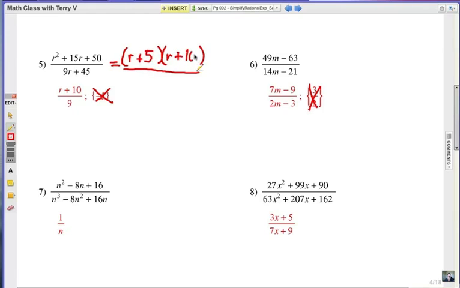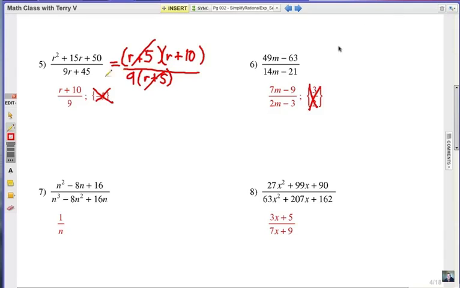That'll give me the 15R middle term that I need. Here I can divide out the GCF of 9. So 9 goes on the outside, and that leaves me with R plus 5. Notice how those binomials can cancel each other out. R plus 10 on the top and a 9 on the bottom.